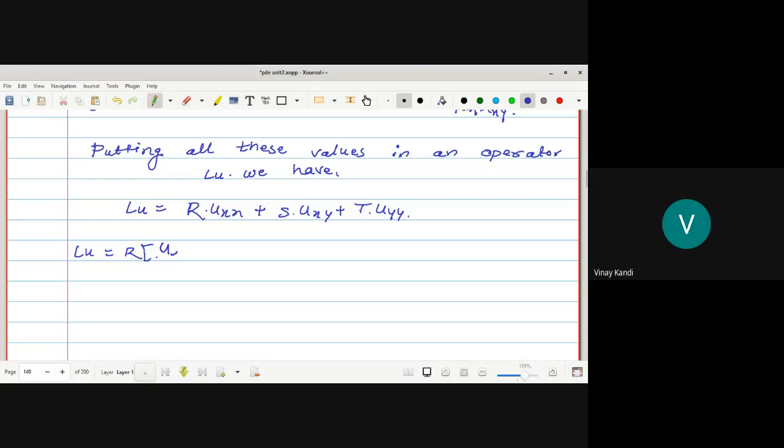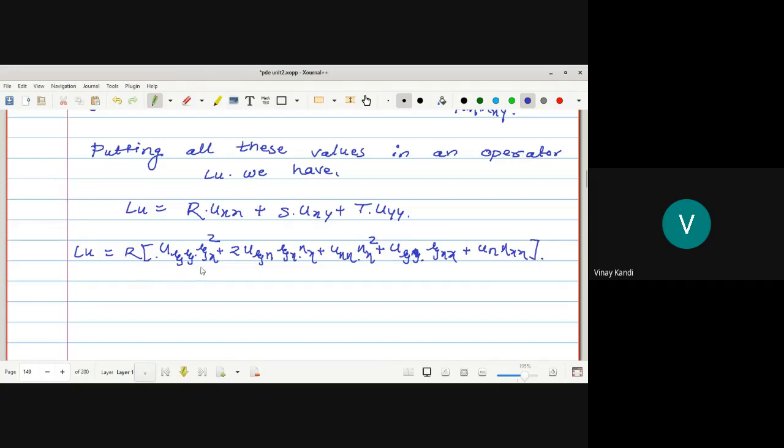Now what is the value of u_xx? u_ξξ into ξ_x square plus 2 into u_ξη into ξ_x into η_x plus u_ηη into η_x square plus u_ξ into ξ_xx plus u_η into η_xx.